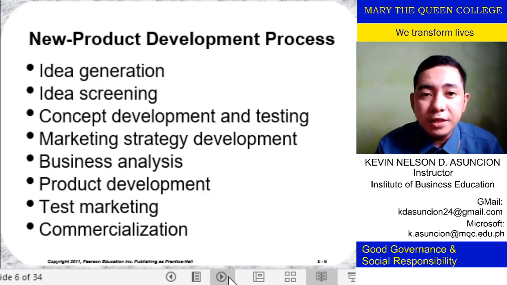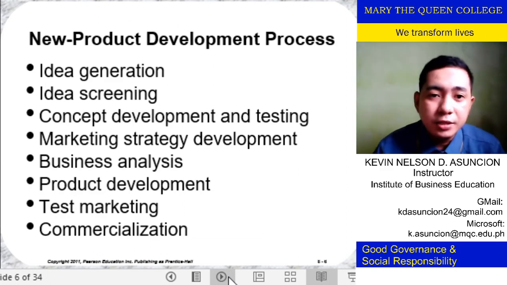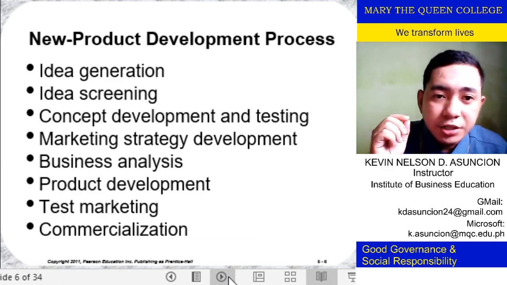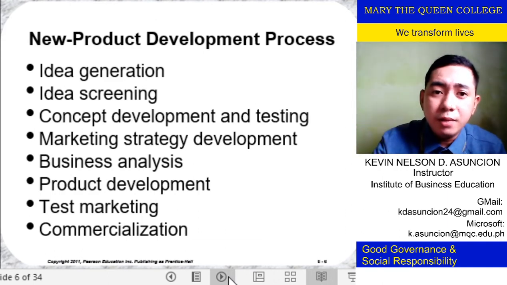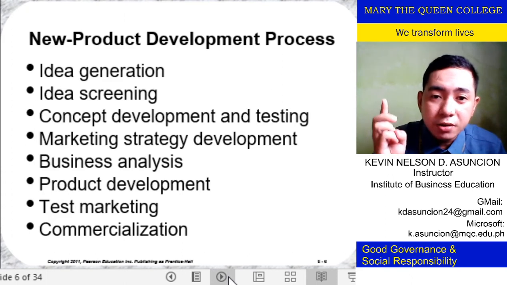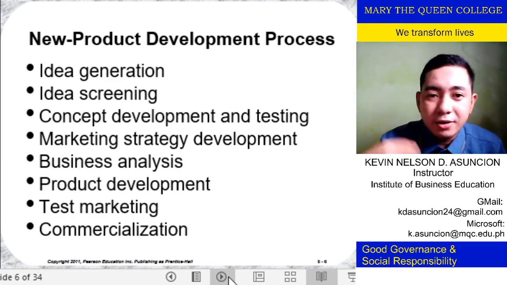So we have different processes, step by step, on developing new product ideas. First is we can generate ideas. Where will the ideas be coming from? We'll be discussing that later. Idea screening, concept development, marketing strategy development, business analysis, product development, test marketing, and commercialization.